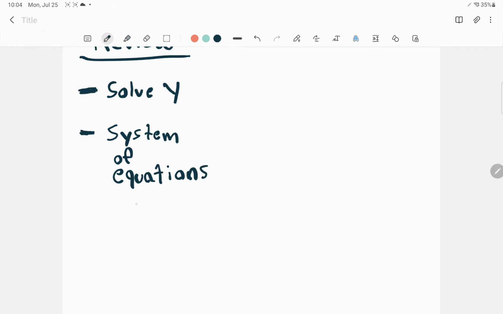And the method that we're going to use to solve systems of equations by hand is going to be called substitution. After that, the final step is going to be factoring.